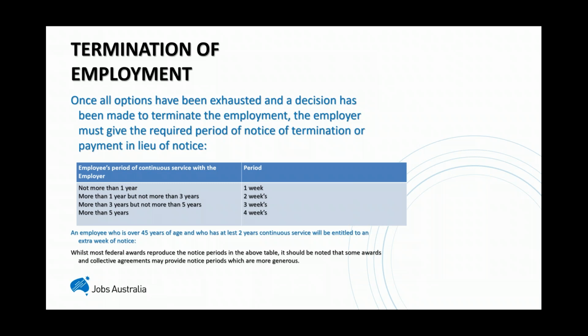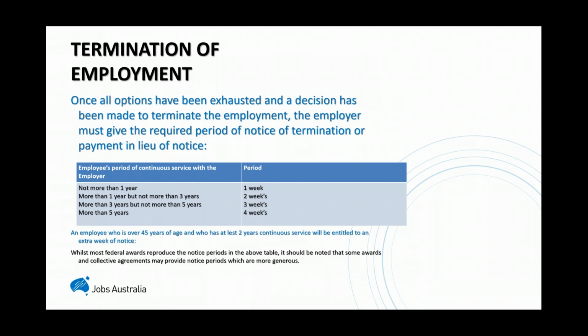So if we move to termination of employee, once all of your options have been exhausted through redundancy, a decision has to be made as to the termination of the employee. The employer must give the required period of notice of termination or payment in lieu.